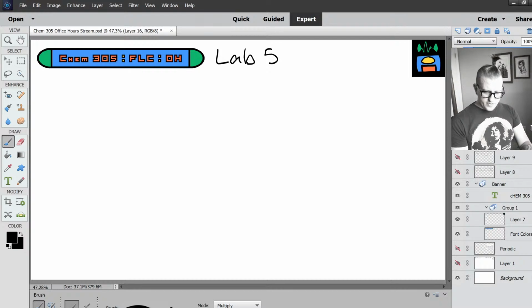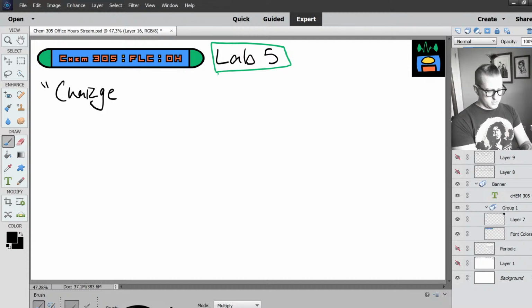so this is lab 5. When lab 5 says charge cloud, this is what I have been calling in lecture electron groups.